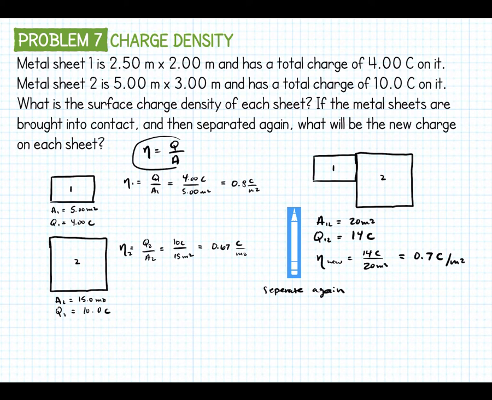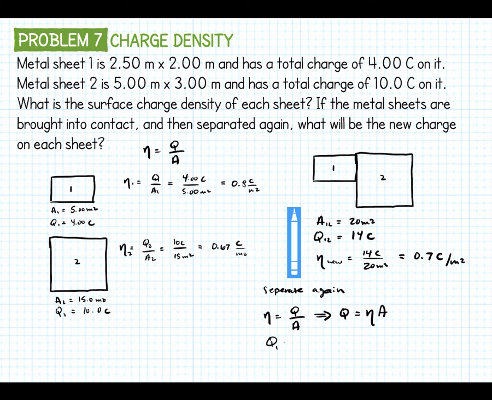And so we just take this equation and we rewrite it so that we get this in terms of charge. So charge is going to be this density times area.